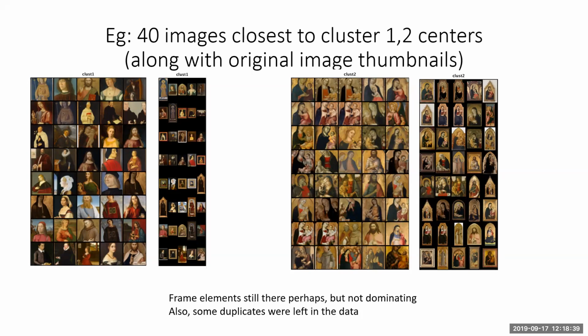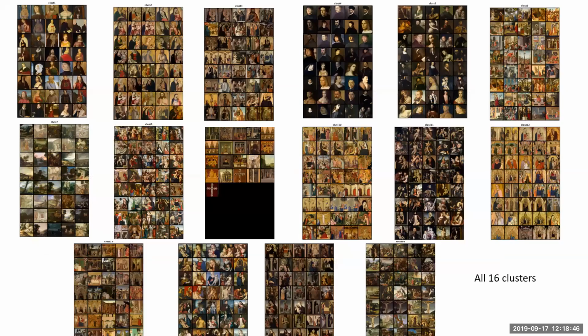There's still a lot of images with bits of frame in there, but they don't really dominate anymore. Here's all 16 clusters. It's a lot to look at. I'm not going to say too much about that, but they all look pretty reasonable.